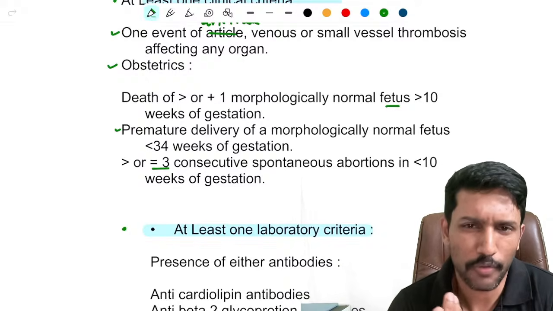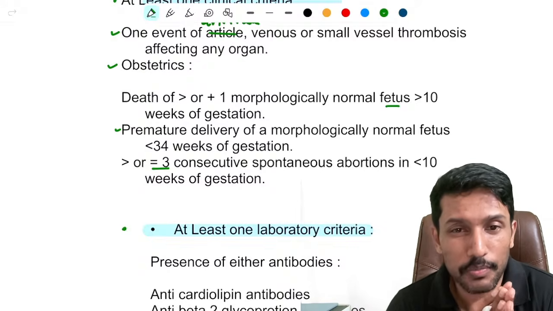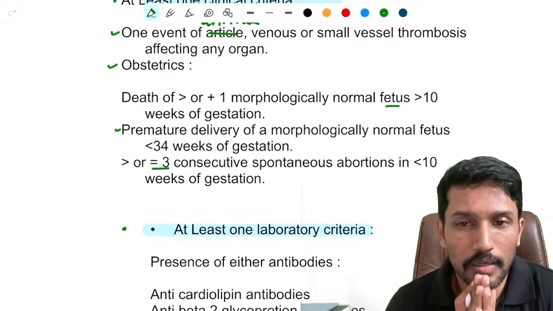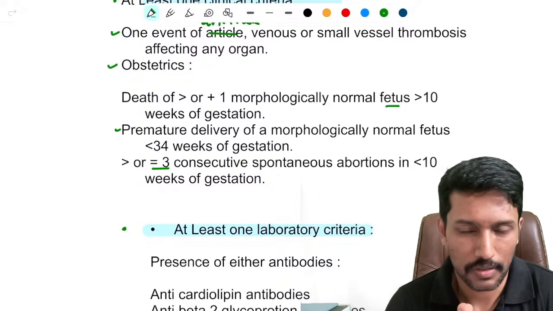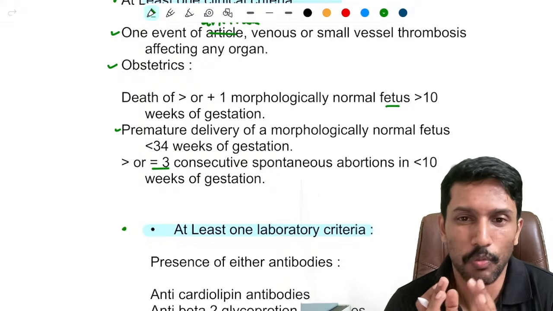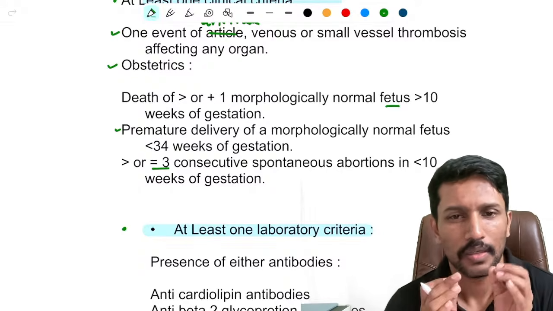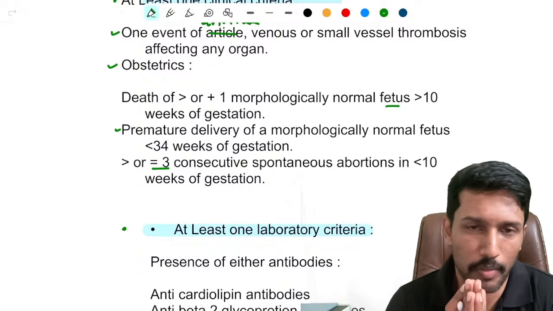Of course, before 10 weeks, morphology cannot be commented about. But if it is before 10 weeks, I'm not taking just one termination or death as sufficient. I need 3 consecutive spontaneous abortions, like first pregnancy, second pregnancy, third pregnancy, all of them there was spontaneous abortion before 10 weeks of gestation.